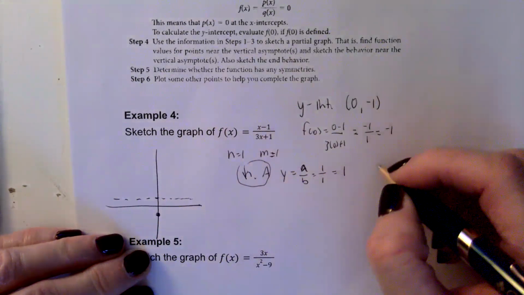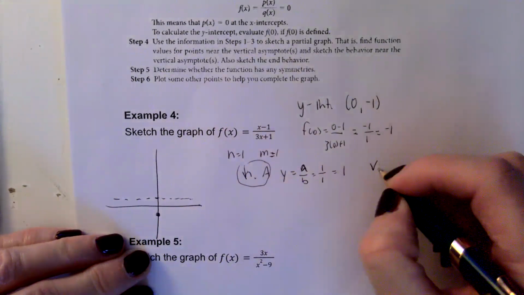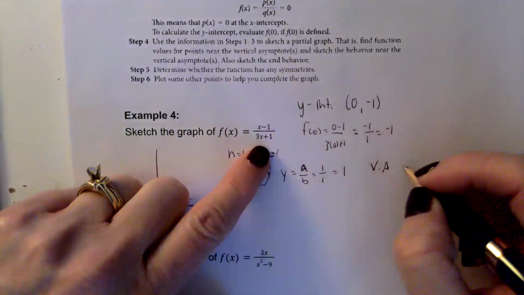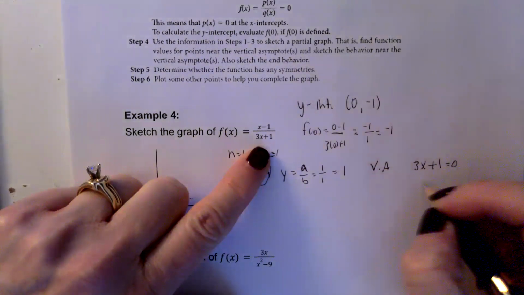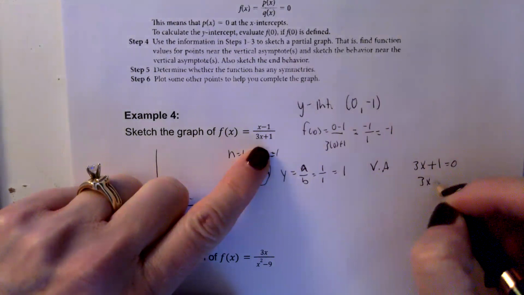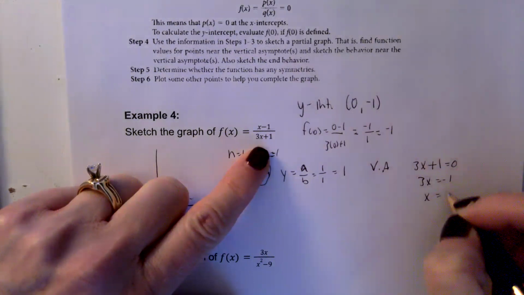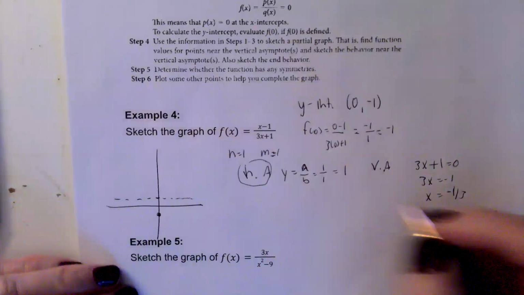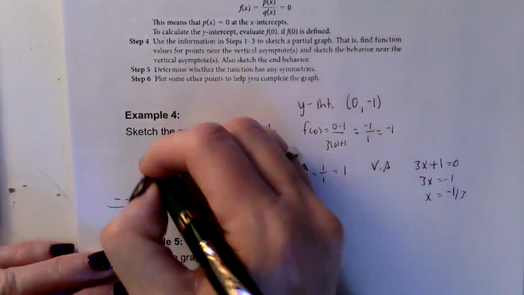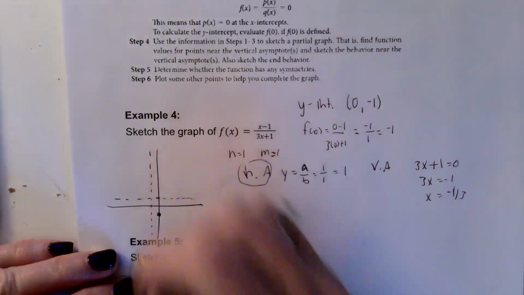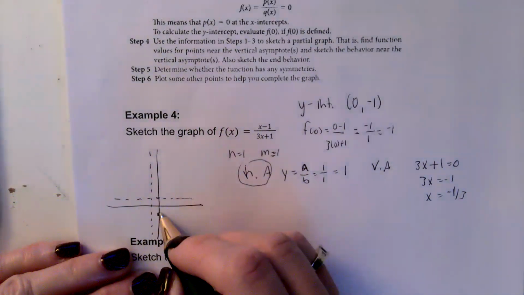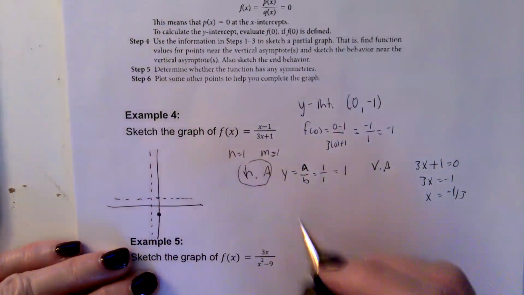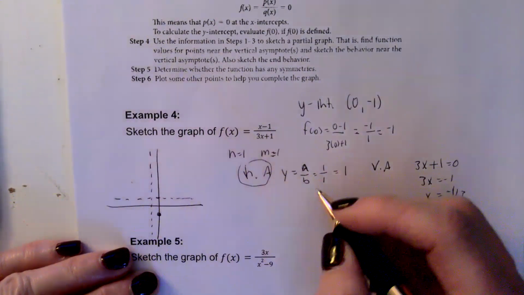And then our vertical asymptote is where the denominator is zero. So that's just 3x plus 1 equals 0. That's at -1/3. So at x equals -1/3, we have a vertical asymptote here. Okay. And we know there's a point down here, so they're going to be opposite of each other, kitty corner here.